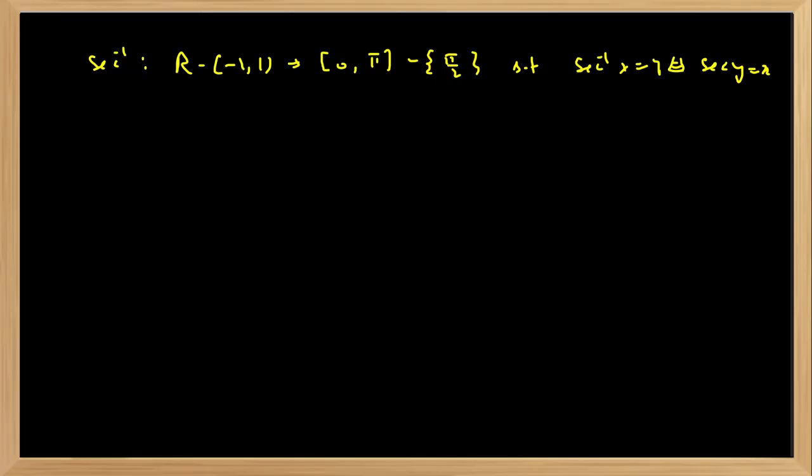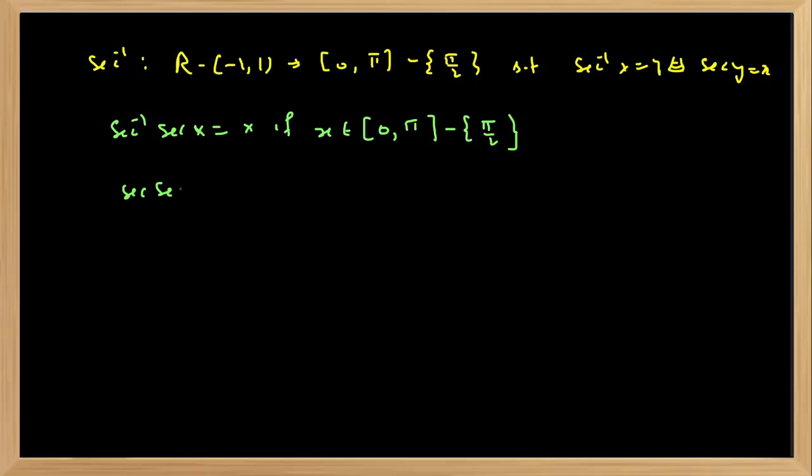To be more precise, sec inverse of sec x is the identity function, meaning it is x if x belongs to 0 to pi excluding pi by 2, and sec of sec inverse x is also x, but for that x belongs to the range of sec inverse, which is R minus the open interval minus 1 to 1.